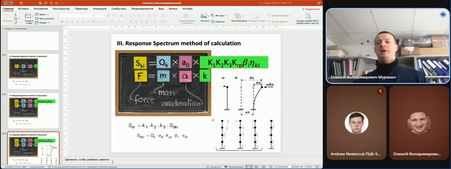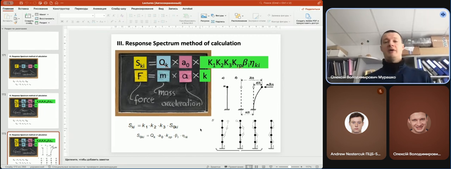For example, when we are considering a single mass oscillator, in that case, both Ki and K equal 1, because a one mass oscillator has only one form of vibration. It means that we have only one mass where our seismic force is applied. So here is the simplest case.